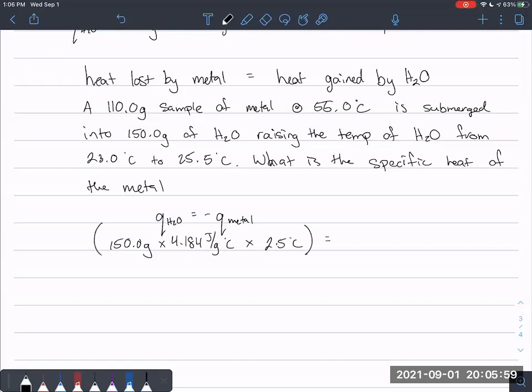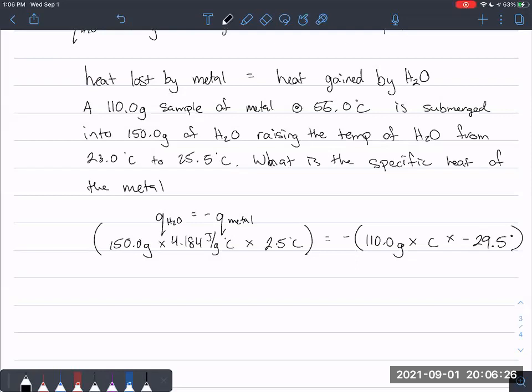All of that is going to be equal to negative 110.0 grams times our specific heat capacity for the metal, C, times our temperature change, which is going to be negative 29.5 degrees.